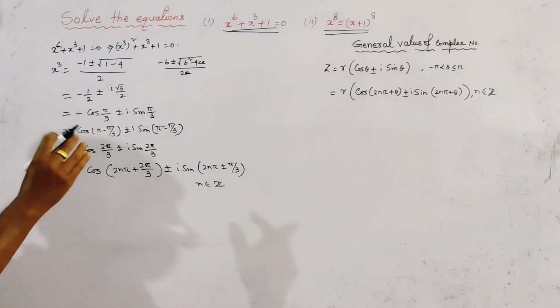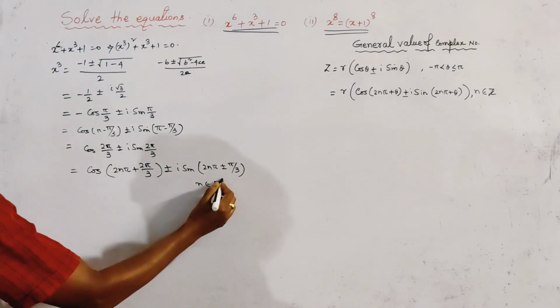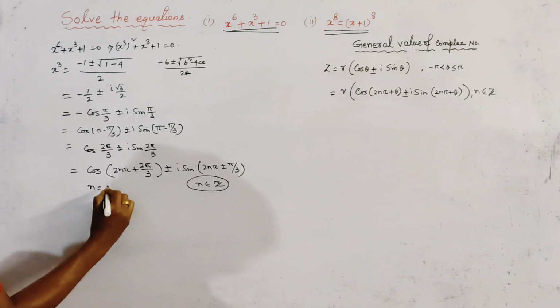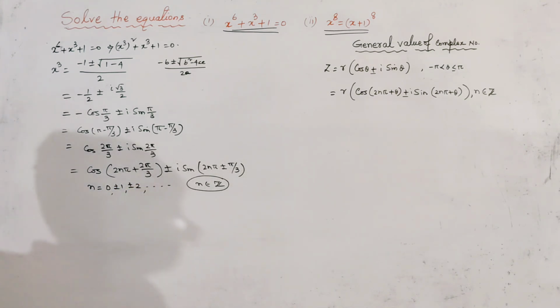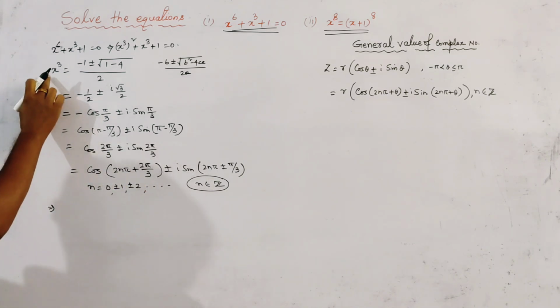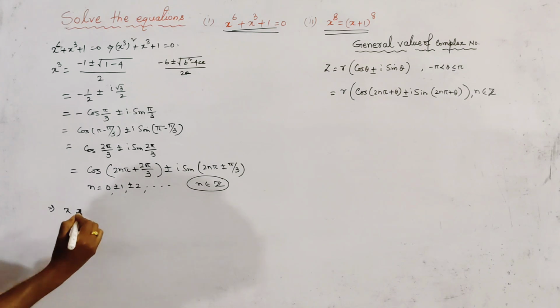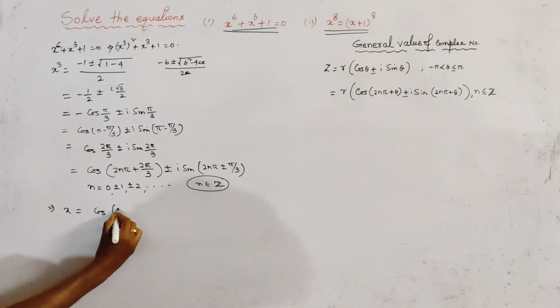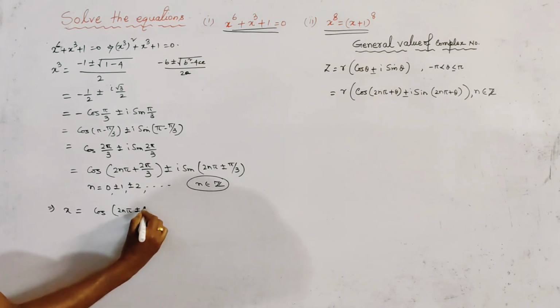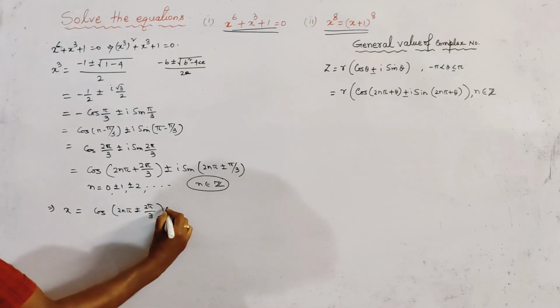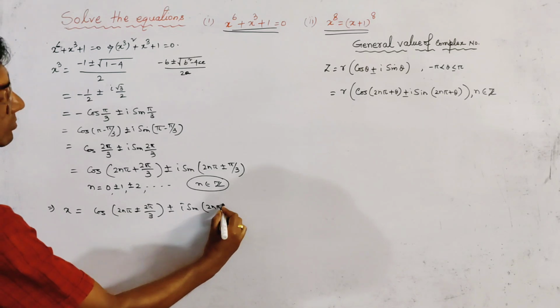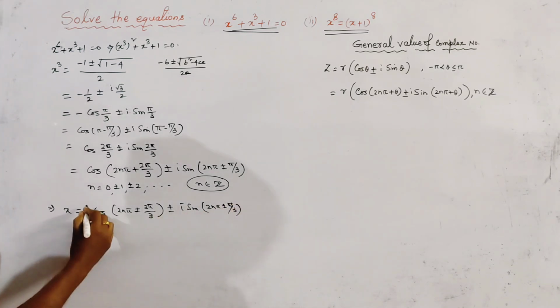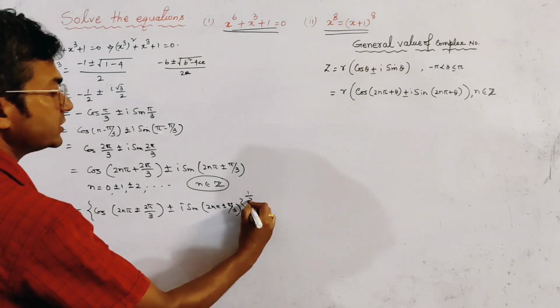This is the set of integers, or we can write this as n equal to 0, plus minus 1, plus minus 2 and so on. These two are the same thing, and after that we find the value of x. So we get x equal to (cos of (2n pi plus minus 2 pi by 3) plus minus i sin of (2n pi plus minus 2 pi by 3)) whole to the power 1 by 3.